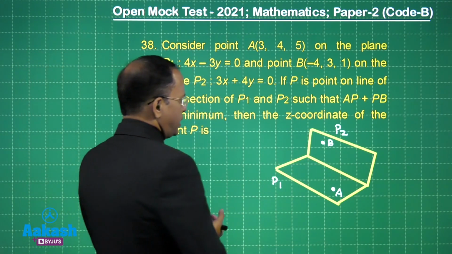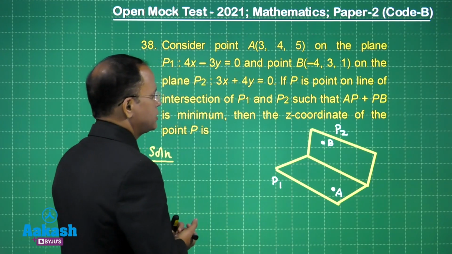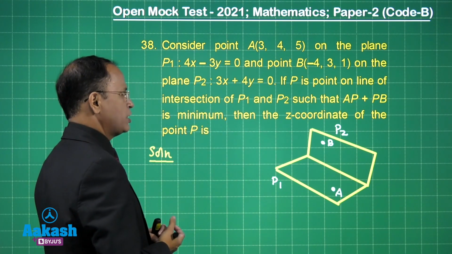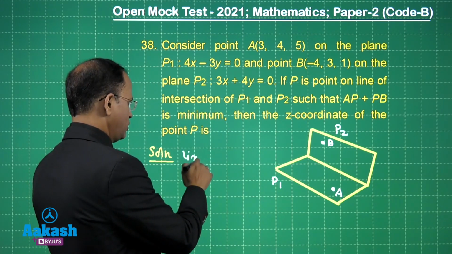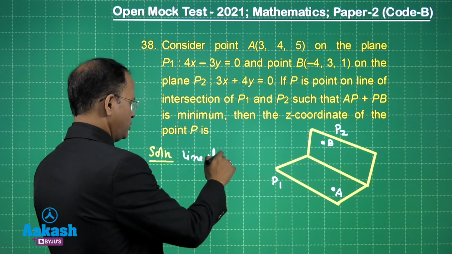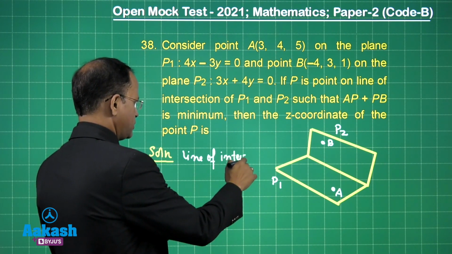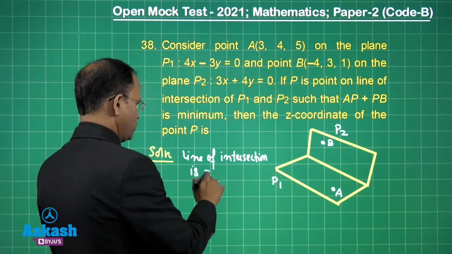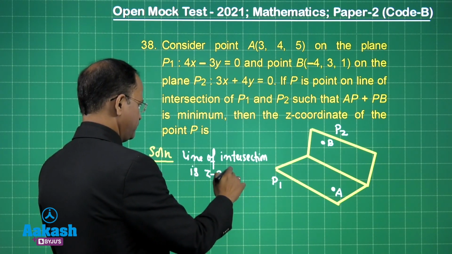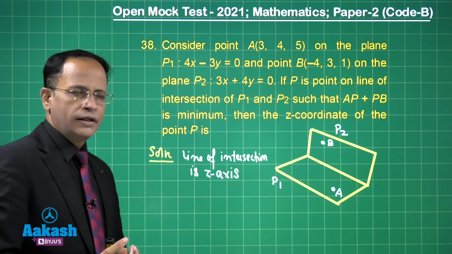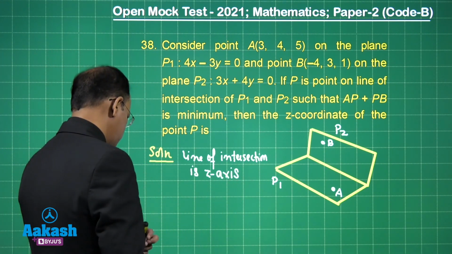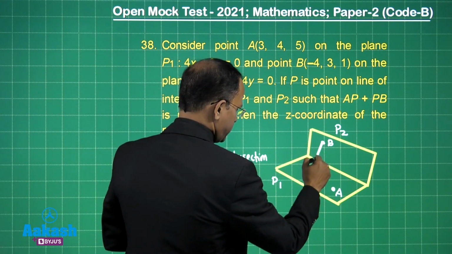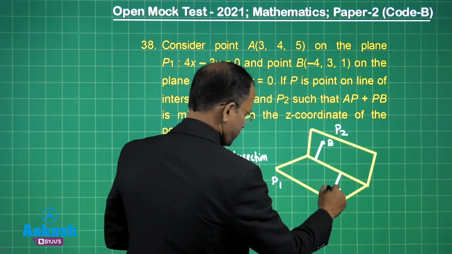Now friends, there's a point P on the line of intersection of P1 and P2. The line of intersection is the z-axis, right? Now, let's drop a perpendicular here.